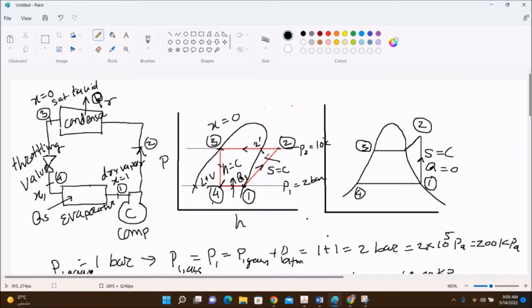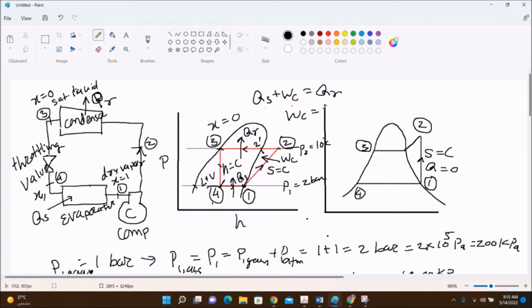From 1 to 2, we need to run the compressor. WC, the work required to run the compressor, is coming inside, and then the heat is rejected to the atmosphere, QR, in the condenser. So if you apply the first law of thermodynamics, QS plus WC is equal to QR.